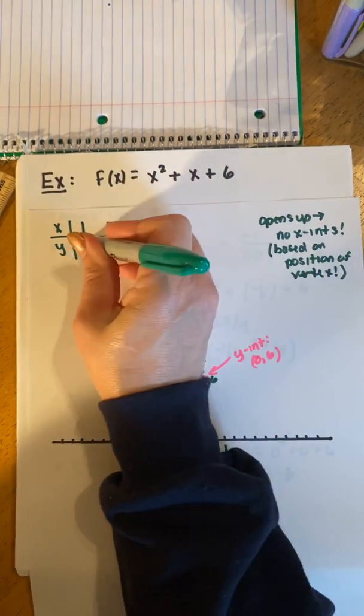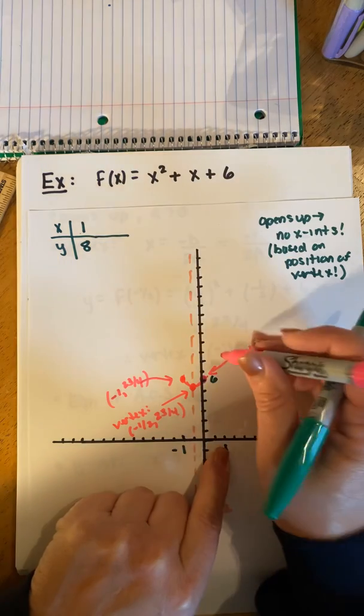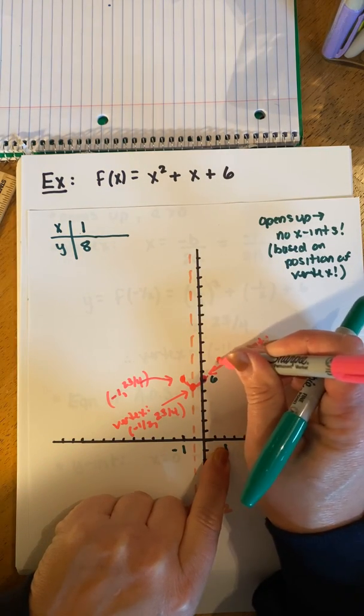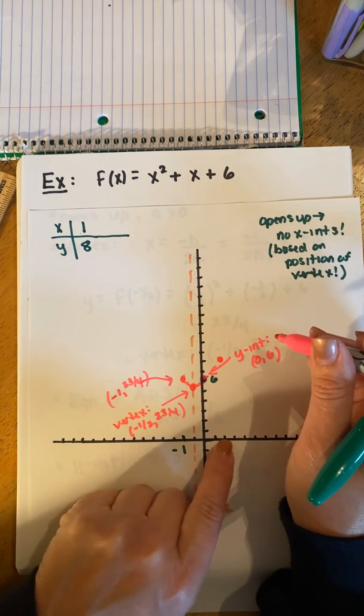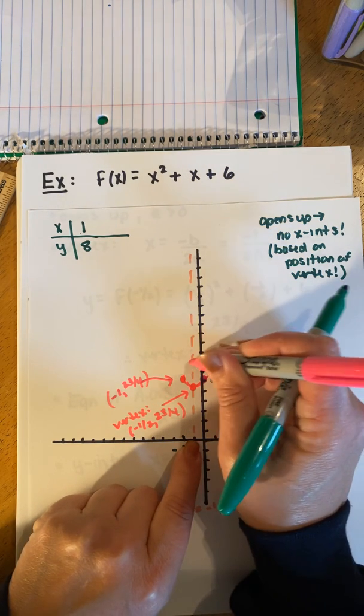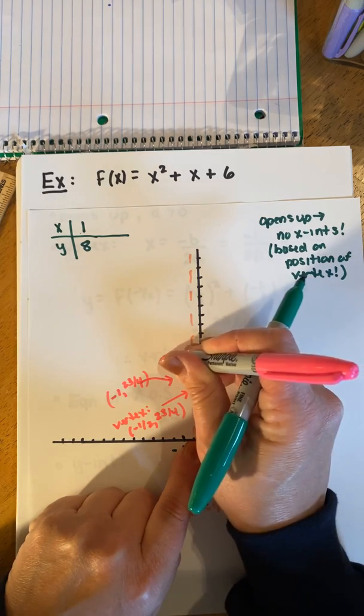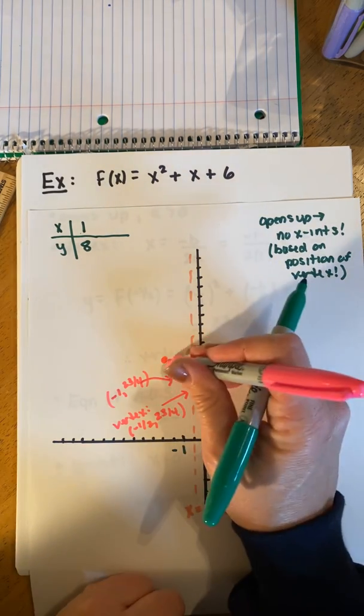An easy input would be 1. We put 1 in, we get 8. So if I put 1 in, I'm at 8 right here. Now I know if I go 1, 2, 3 tick marks over, I'm at the axis of symmetry. So I can go 1, 2, 3 tick marks over and get this point right here also.